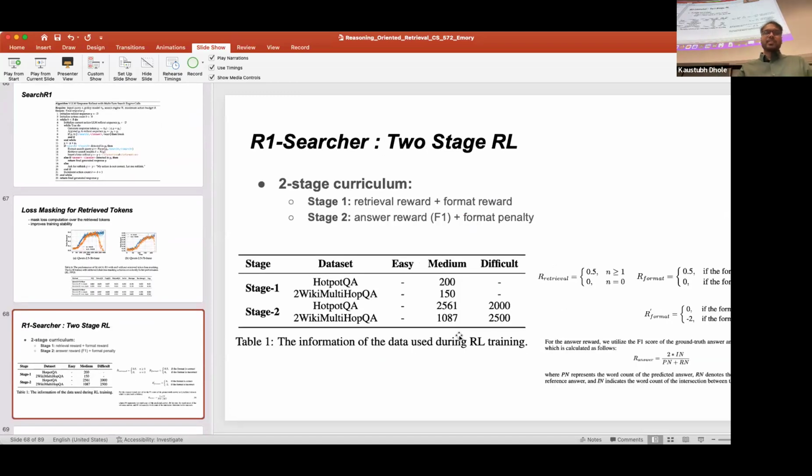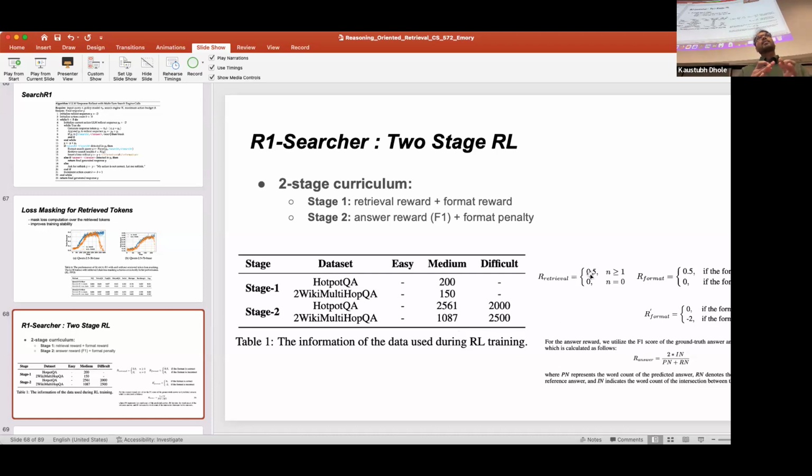Like Search-R1, there were other approaches as well, which basically tried to expand this and do this sort of reinforcement learning based search training. R1-Searcher used a two-stage curriculum. In the first stage, they used a retrieval reward plus a format reward. Here the retrieval reward was essentially if the reasoning tokens have at least one retrieval call, then you get a reward of 1.